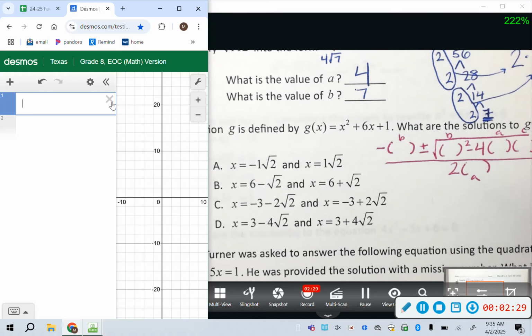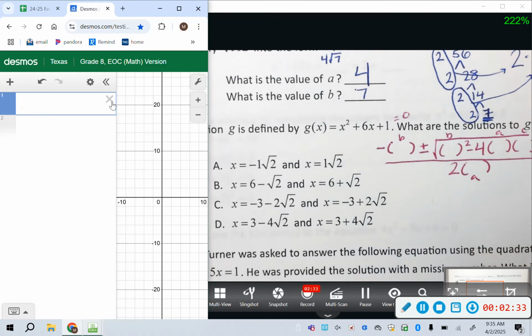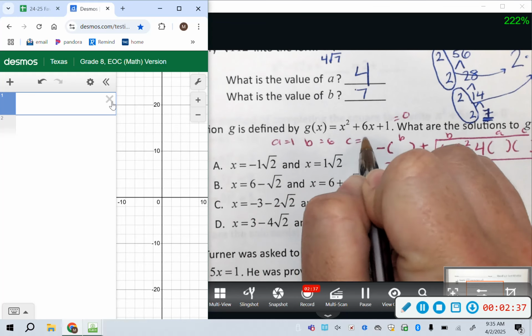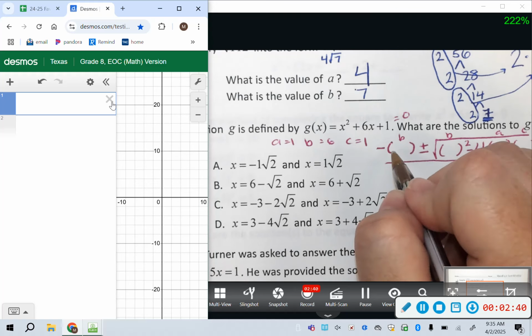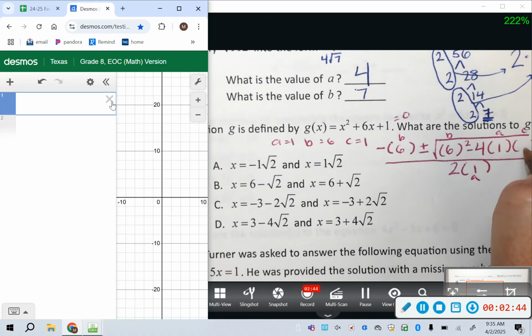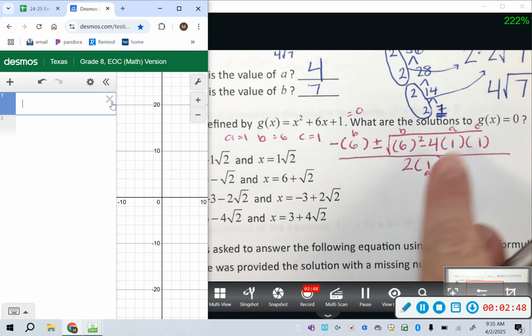So 2a. And I'm going to find my a, b, and c because it's already set equal to 0. So a equals 1, b equals 6, c equals 1. Now the big thing to remember here is that we simplify our 3 pieces.